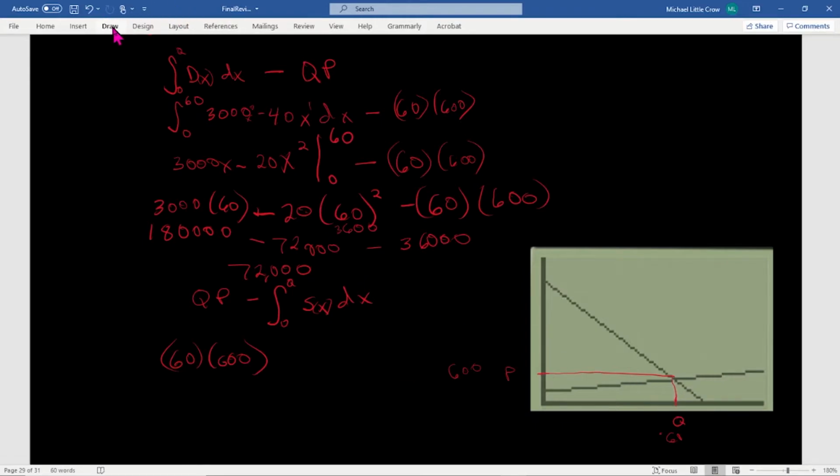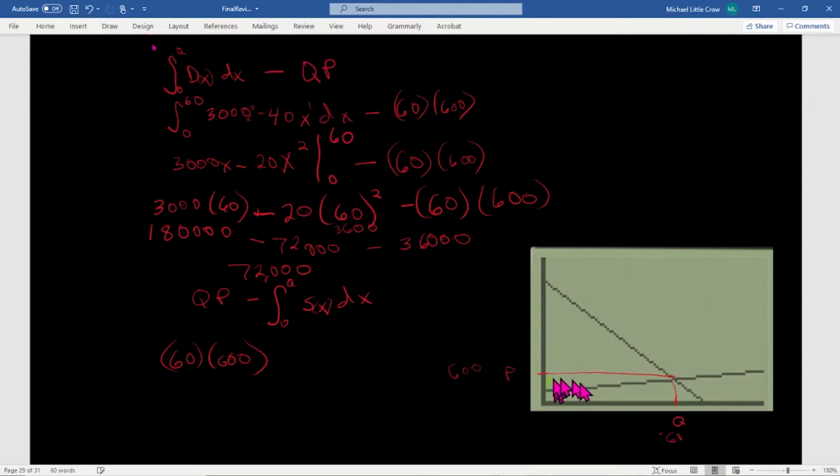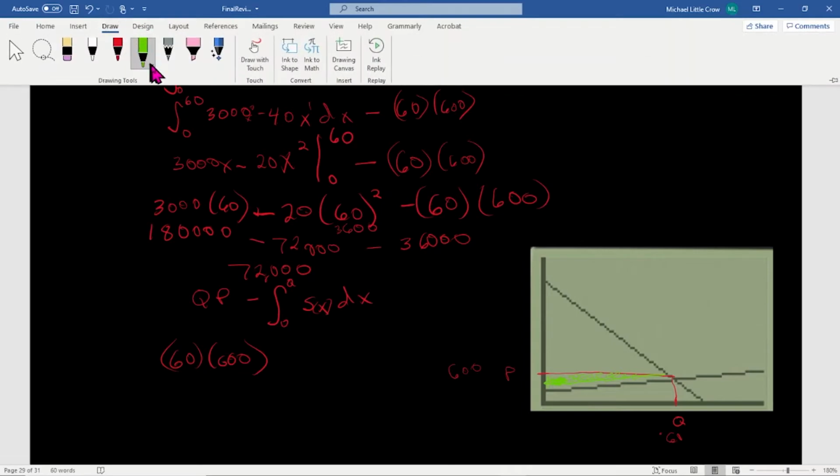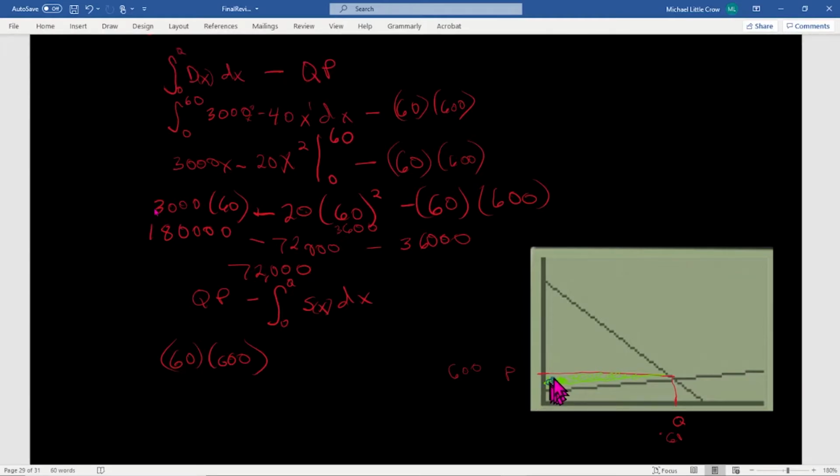And then what we're finding right now is this area. It's not a good color to draw that. Let's go with blue. So we're finding this area here, which is the rectangle P times Q minus this here, the integral of S of x. Okay.